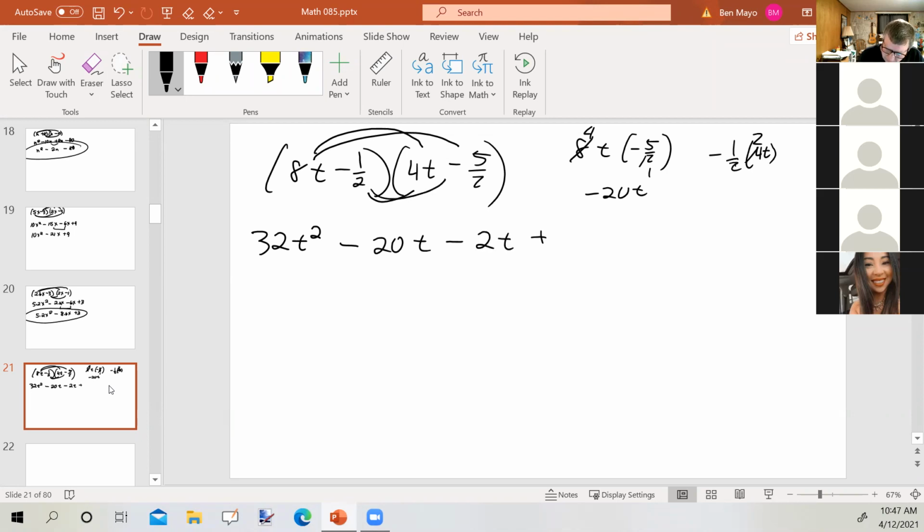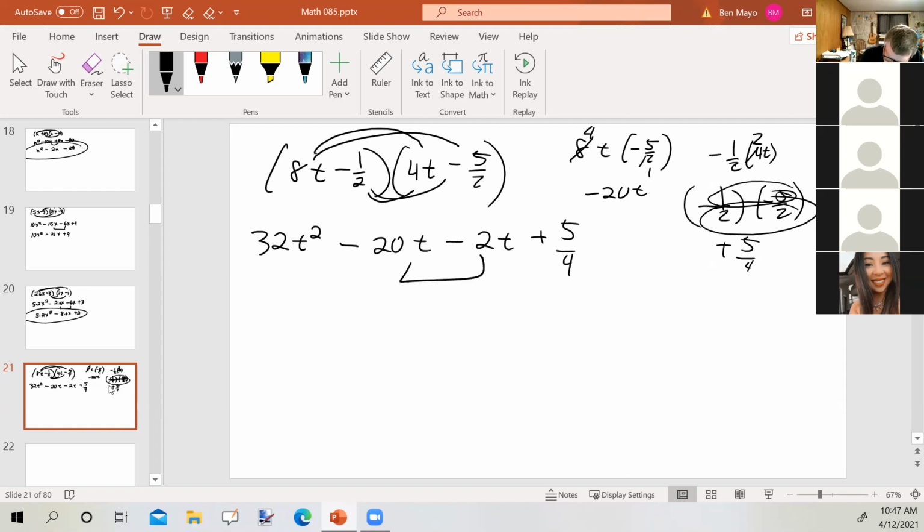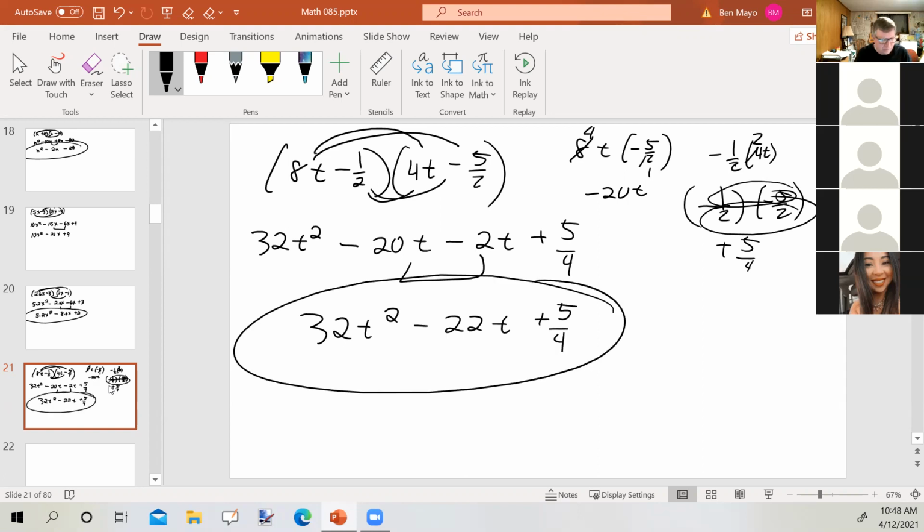And then minus 1/2 times minus 5/2. Minus times minus is going to be a plus, so that's plus 5/4, because when you're multiplying fractions, you multiply straight across. Combining like terms, I'm going to get 32t squared minus 22t plus 5/4.